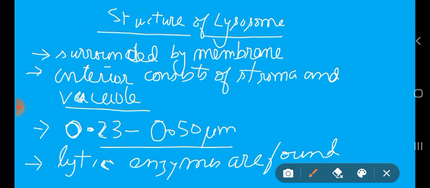So lysosomes can be also observed in plant cells.